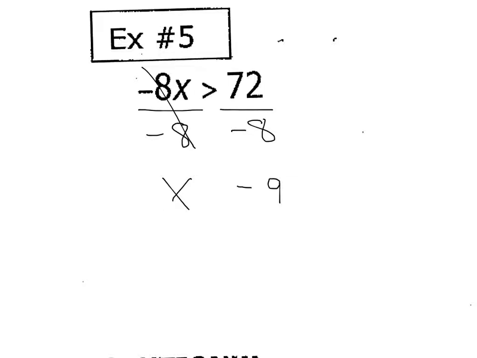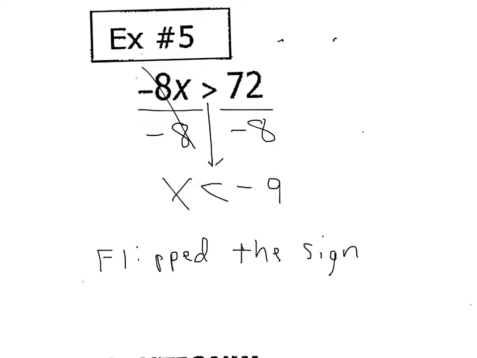But remember, when you multiply or divide each side by a negative number, we have to flip our inequality. So instead of greater than, we will have less than. So note that we flipped the sign. Very important to remember that.